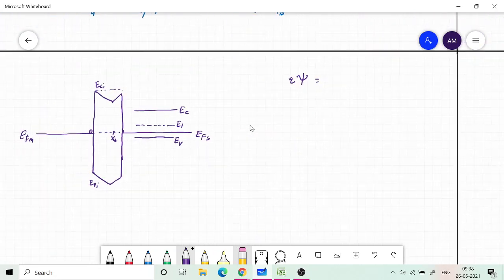Okay, there it was a positive voltage, so here it will be shown with a negative. So whatever this difference is, this difference is basically Q into psi s.